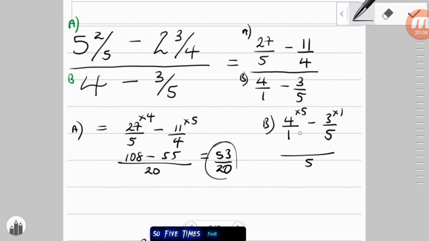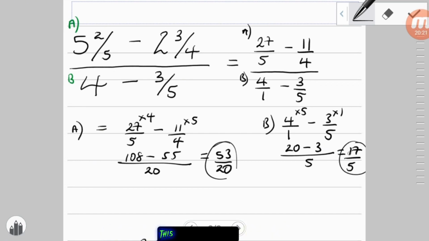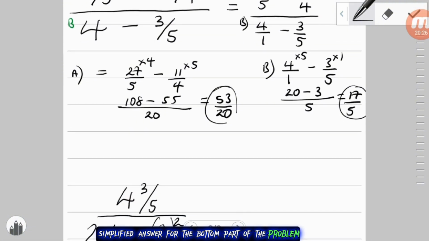So 5 times 4 is 20, and 3 times 1 is 3. So we end up with a result here of 17 over 5. This now becomes the simplified answer for the bottom part of the problem.